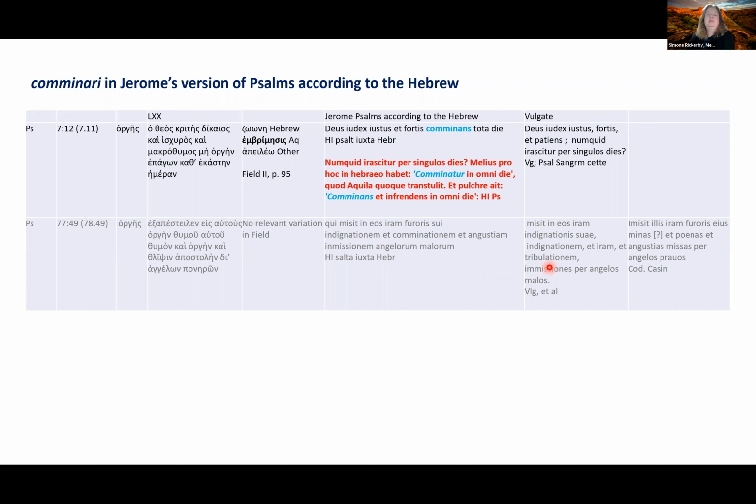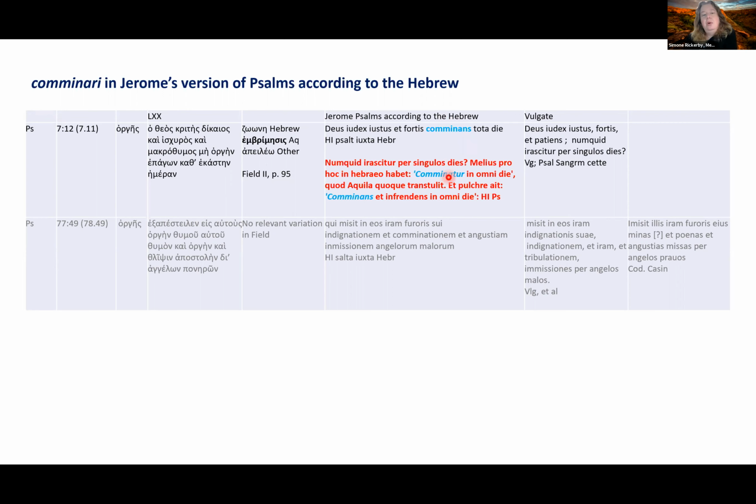However, the text of Psalm 7:12 and subsequent commentary in red provided by Jerome draws a direct line between the Hebrew, translated here by Jerome as comminatur, and the text of Aquila. Jerome notes that Aquila beautifully translates the Hebrew as comminans et infrendens, and the comminans of his own text of Psalms, which is here.